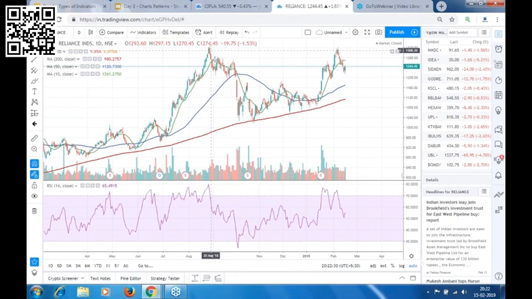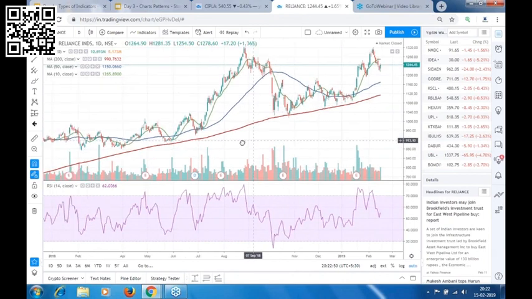See, here you can see that the 10 period moving average crossed the 50 period moving average, and the 50 period moving average is also making a curve in the upward direction.